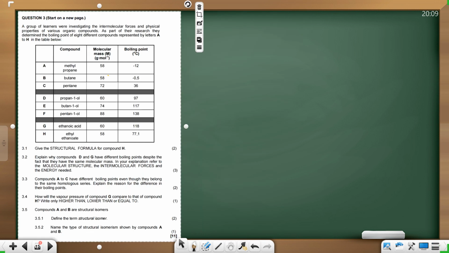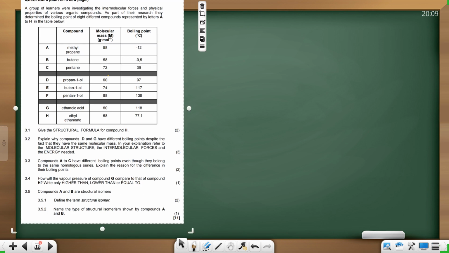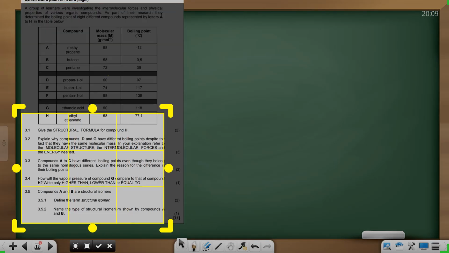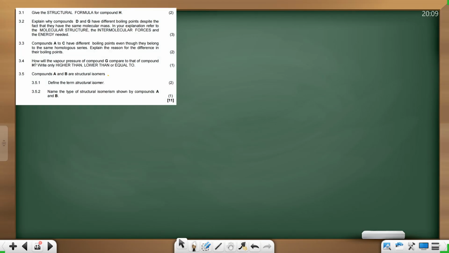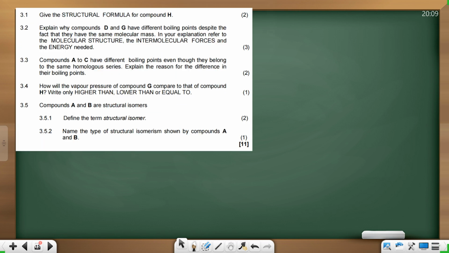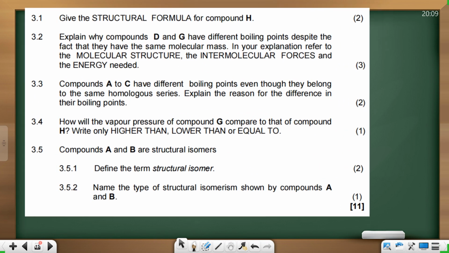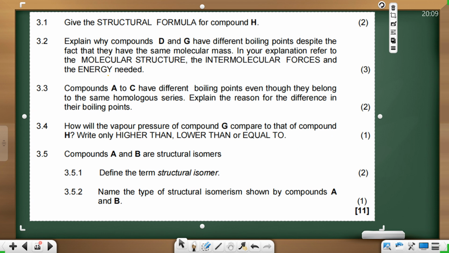Now it's very visible. Let me just do this one as well.